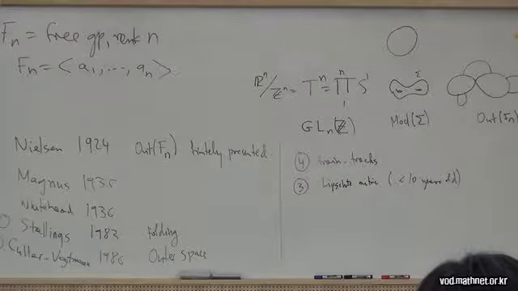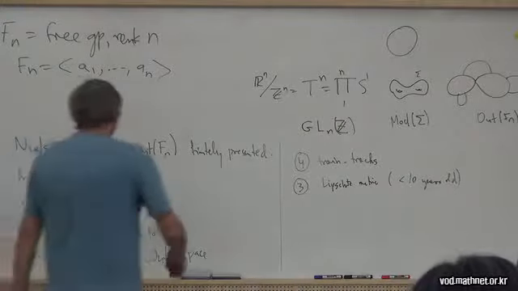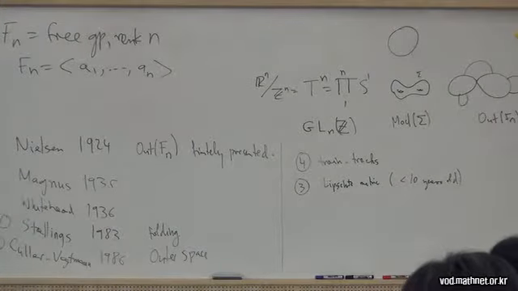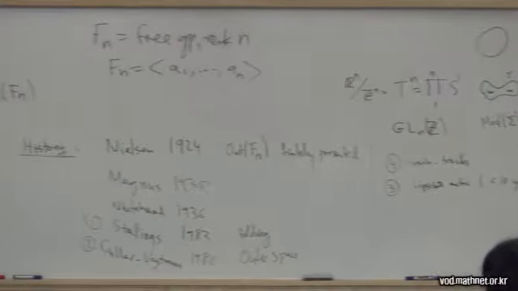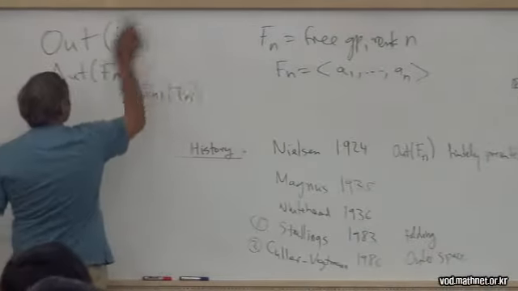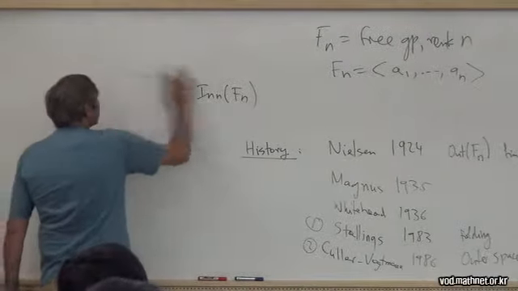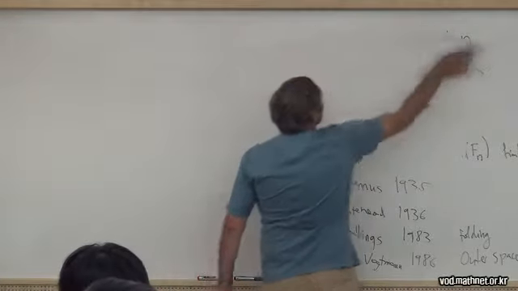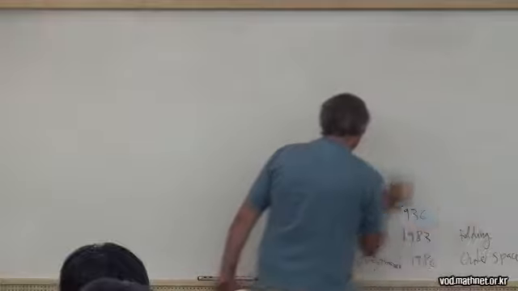Okay. So we need to agree on what a graph is. For me, a graph is just a cell complex of dimension at most 1. So you have some vertices, and then you attach some edges, and that's it. That's a graph for us.